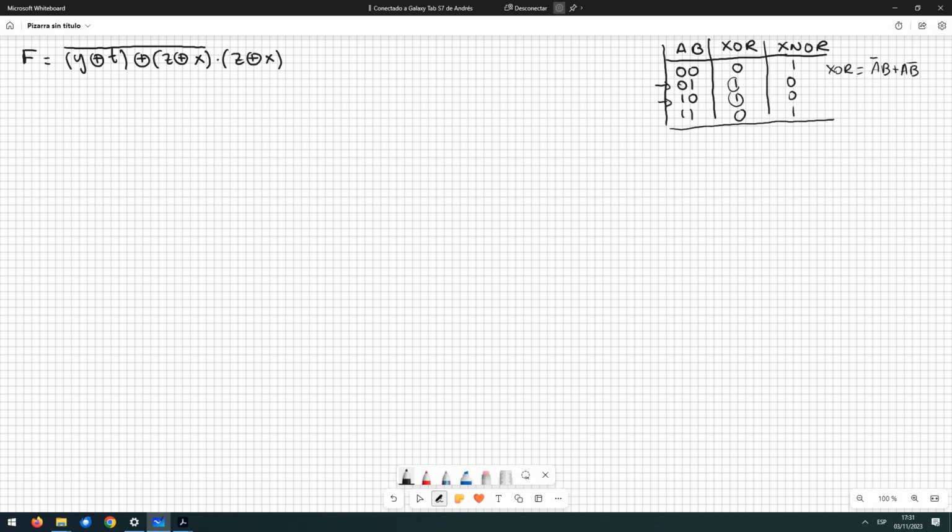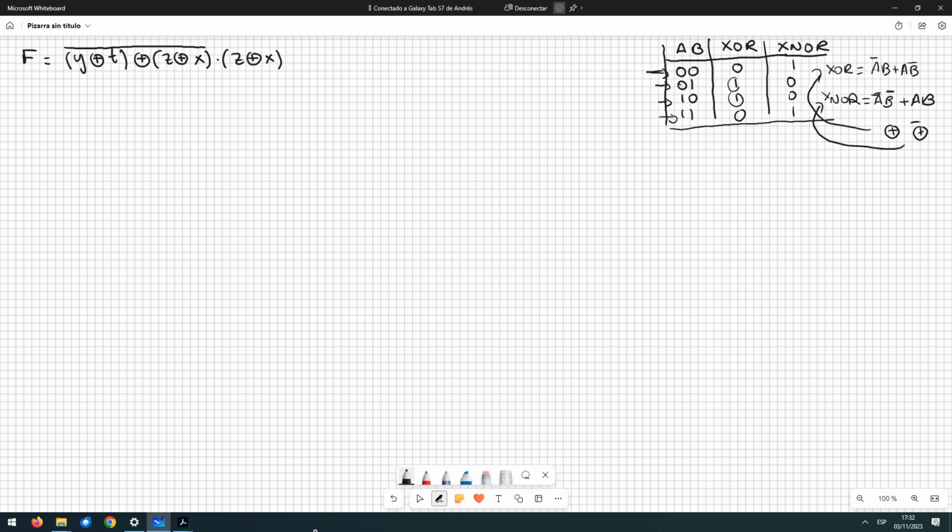And for the XNOR, we have these 2 minterms that are both inputs negated plus both inputs not negated. So every time we see these operations in a circuit or in a logic expression, we can substitute the symbol by the function, or by the other one if the symbol is negated.